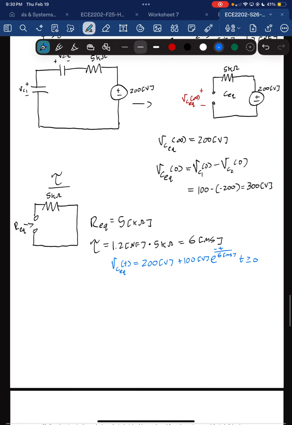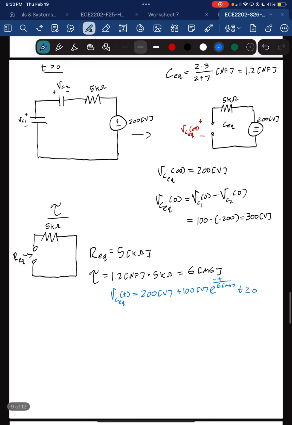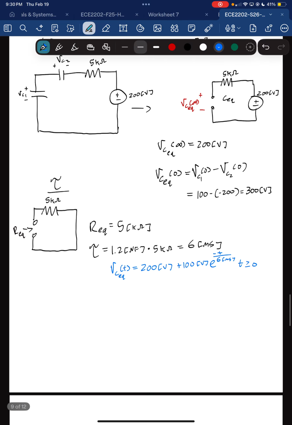That is for t greater than or equal to 0. That all makes sense. Not too bad.